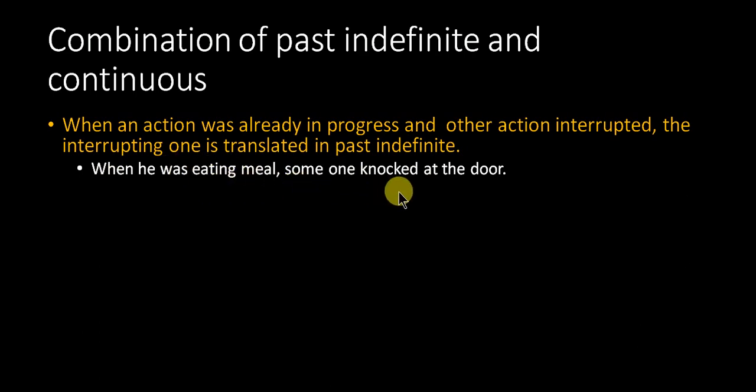But after this action occurred, this action, knocking at the door, interrupted. Understand? So, we translate into past indefinite the second action. And the action that is already in progress, we translate into past continuous tense. So we can say, when he was eating meal, someone knocked at the door.